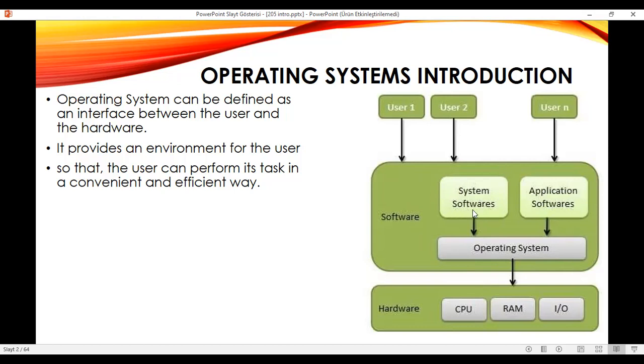The system software is the programs that come with the operating system, or the software that we use just to manage the operating system.